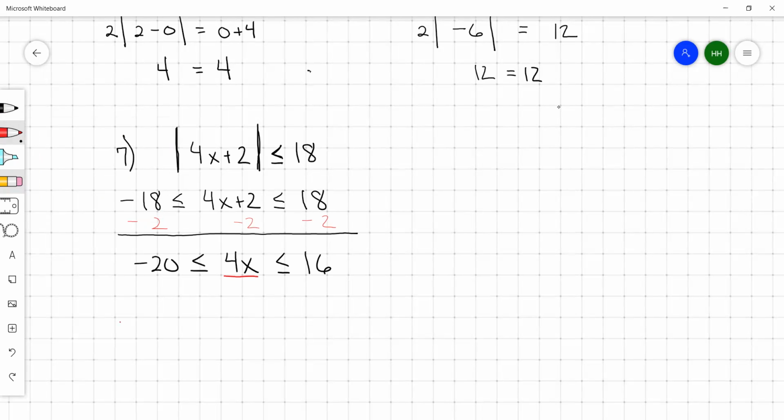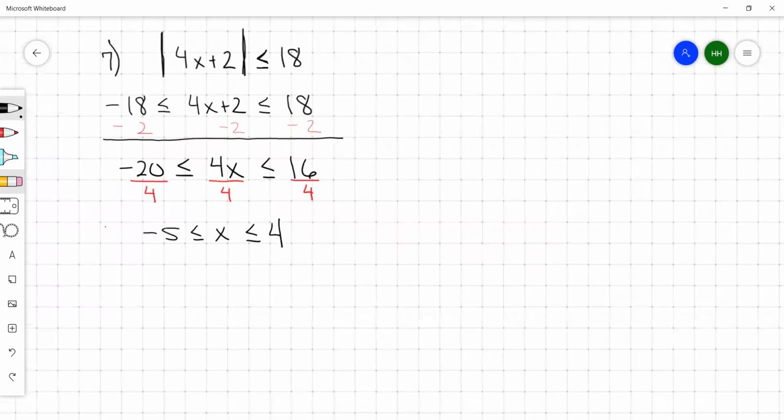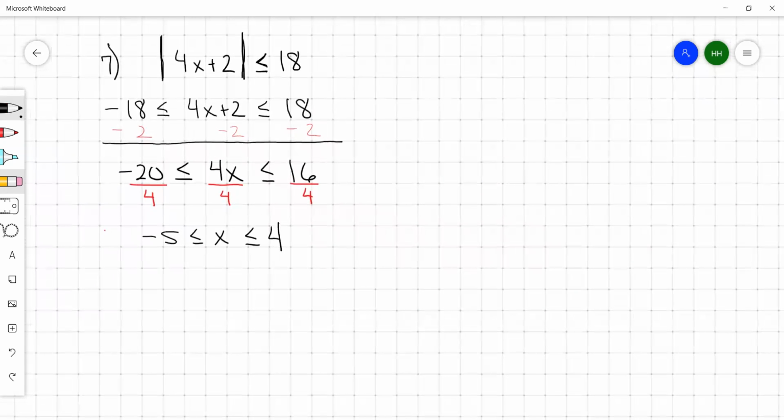Then we're going to divide everything by 4. So negative 5 is less than or equal to x, which is less than or equal to 4. And then we got to graph it.